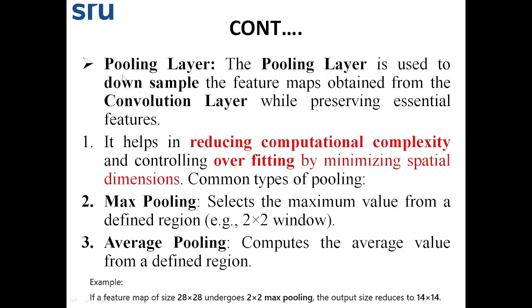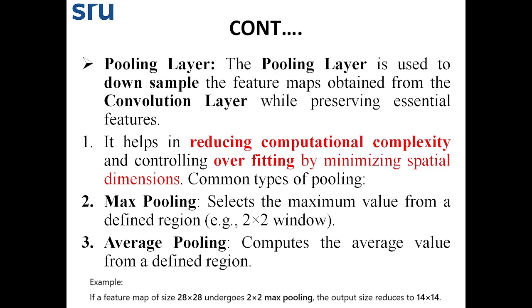Pooling layers. Pooling layers are used to downsample the feature maps obtained from convolutional layers while preserving essential features. It helps in reducing computational complexity and controls overfitting by minimizing spatial dimension. Common types of pooling. First, max pooling.